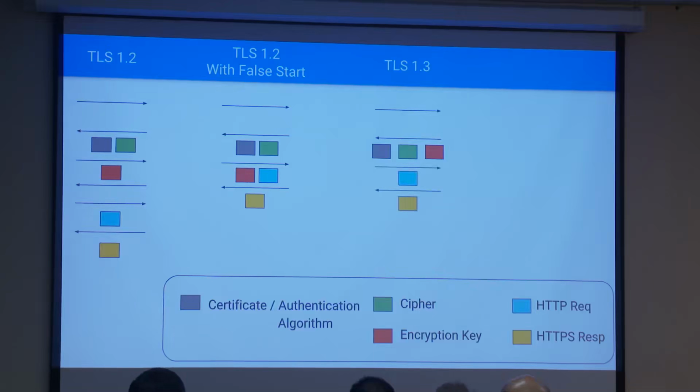And then you can continue on and do your HTTP request and response. With 0RTT, though, on the very first message the client sends, you get your cert, your cipher, encryption key, and you can also throw in that first HTTP request. And then the very next message you get back from the server, you have your response immediately.